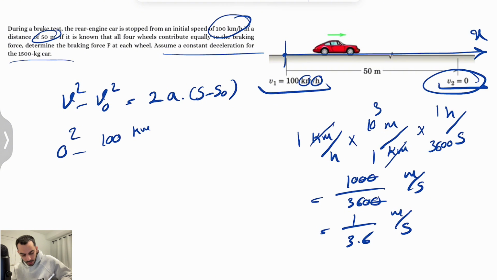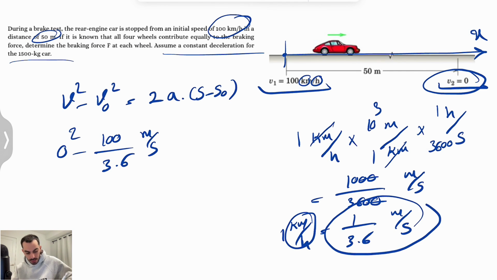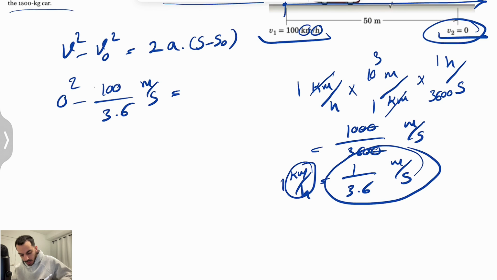So kilometer per hour we have in here. If you just want to do the unit conversion, we just need to divide by 3.6 to get meter per second. Again, this is 1 kilometer per hour, and I just switched this with this. That's why I'm dividing 100 by 3.6, and this is also to the power of 2, and this will be equal to 2ax times s minus s0.